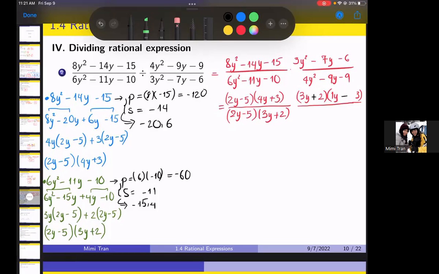Now you don't have to check the first and last because you know it's already checked, right? That's what the two numbers you pick do to make it what it is. All you need to do is check the middle term using the inner product and the outer product. FOIL, outer, 2y and then negative 9y is negative 7y. So we could check. Hypothetically, you don't have to erase this.